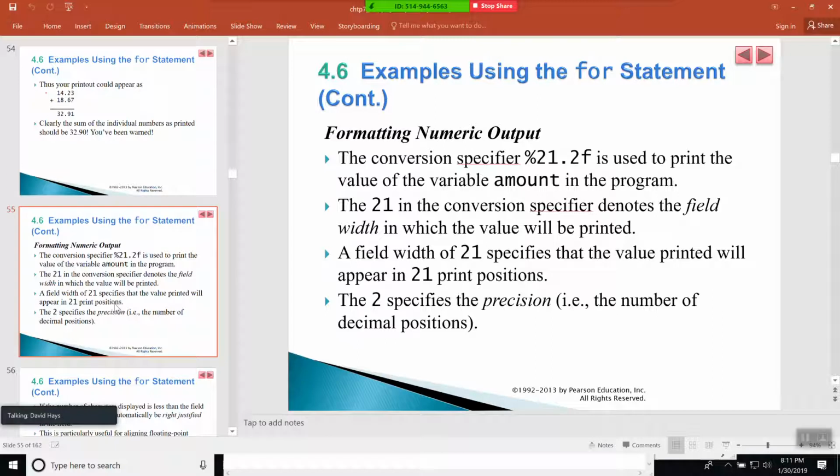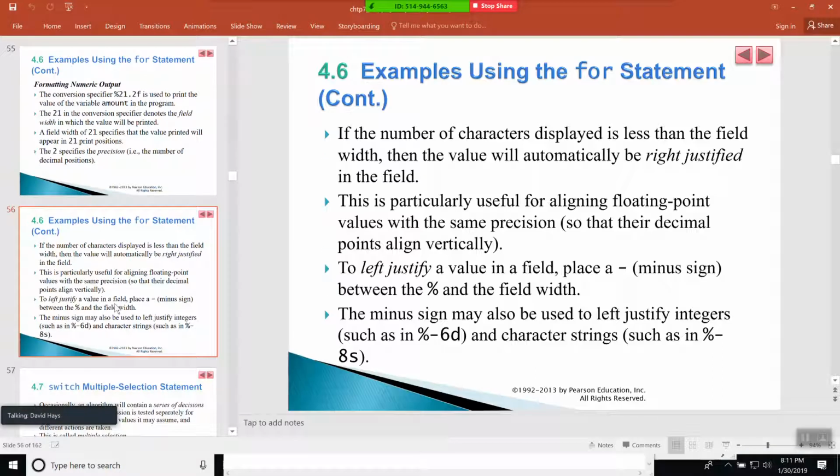Formatting, we've already looked at the precision on that. You see here the minus sign is used to left justify integers. So if you want integers aligned on the left, then you do that. And character strings. Now character strings can become important.